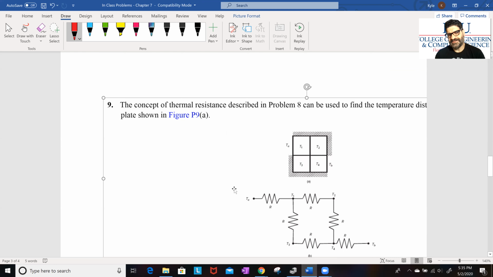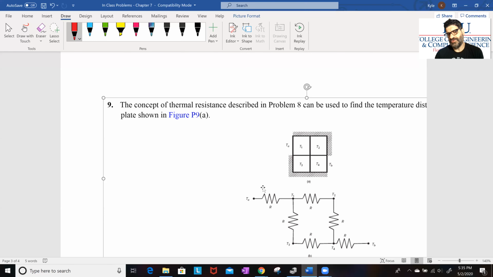So a couple of things in thermal circuits: you can have heat conduction, heat convection, heat radiation, and you can have a heat source in a way.